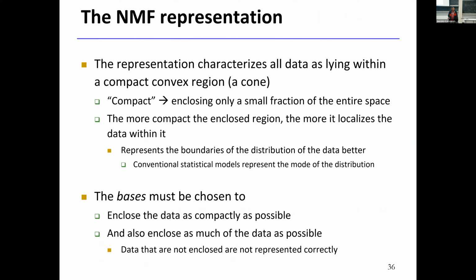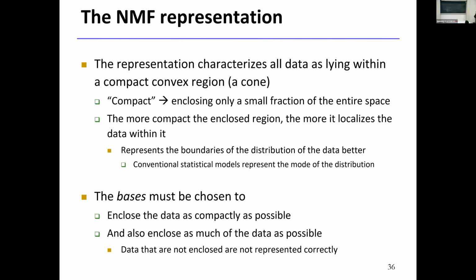So here's the key difference between something like non-negative matrix factorization and something like principal component analysis. If I have a bunch of data like so, then principal component analysis and all of those other characterizations are going to try to characterize the densest region of the scatter.